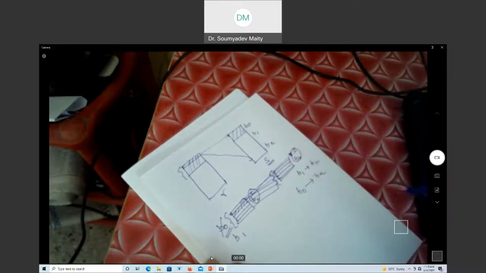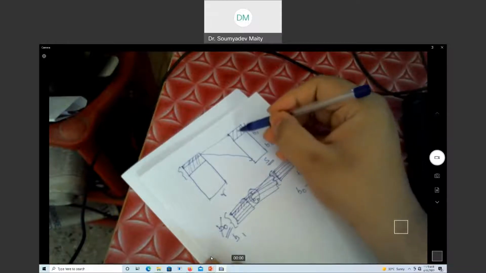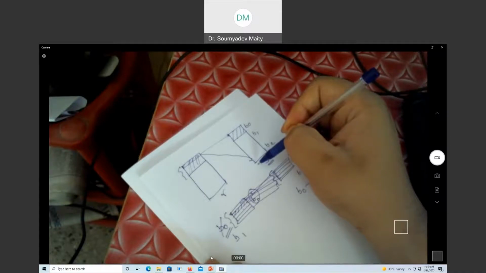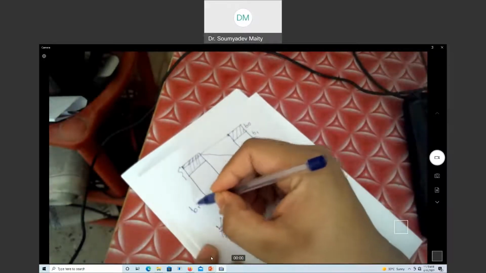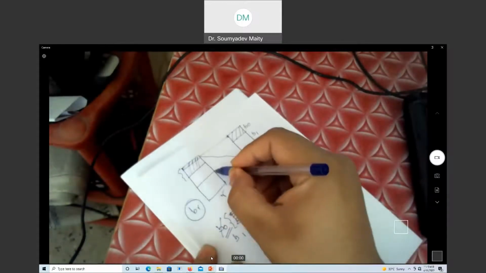That means this entire file is getting accessed BR number of times, where BR is the number of blocks available in R.